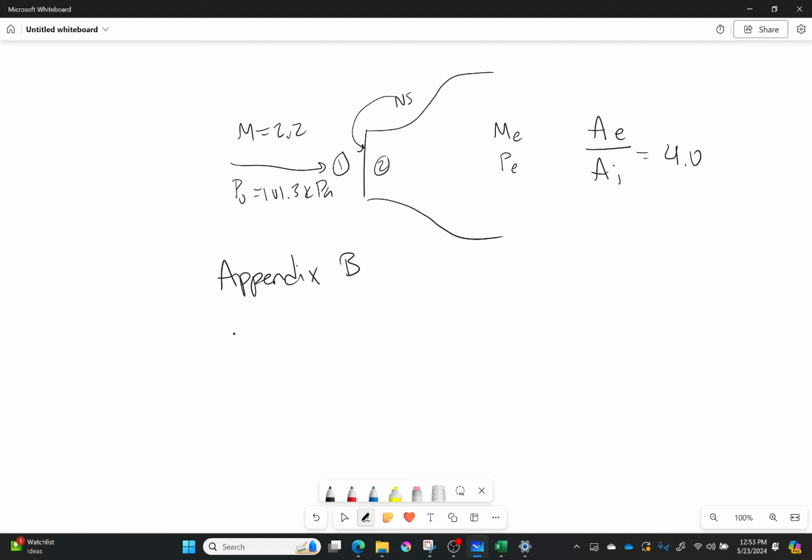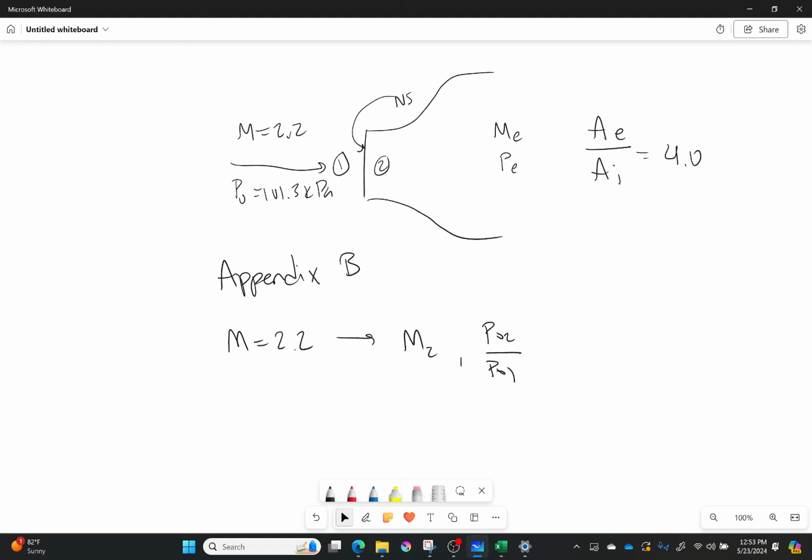For a Mach number equal to 2.2, we want to know what is M2. We also want to know what P02 over P01 is. That will be very, very helpful for us. We'll probably stop there for now. I think we can do it from there. So let's figure that out.